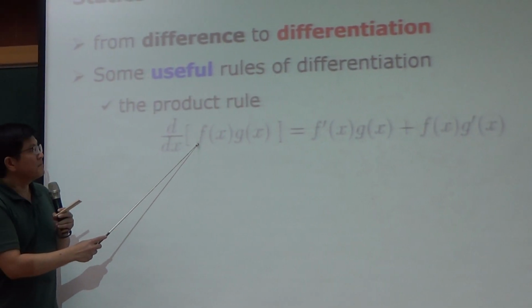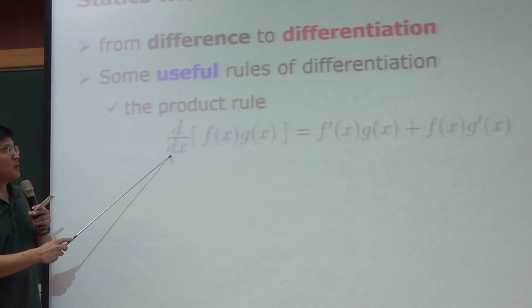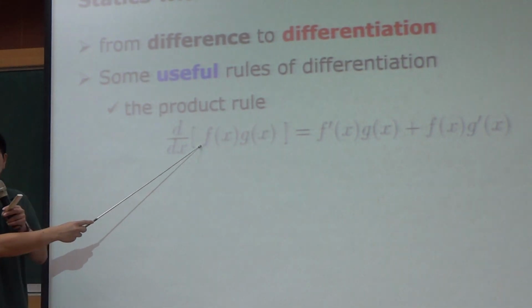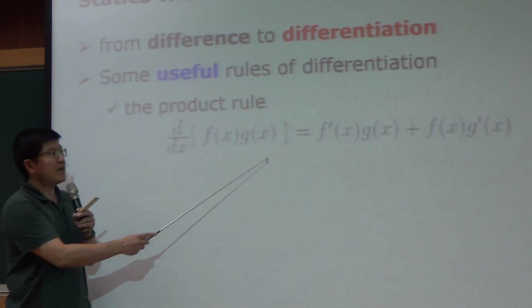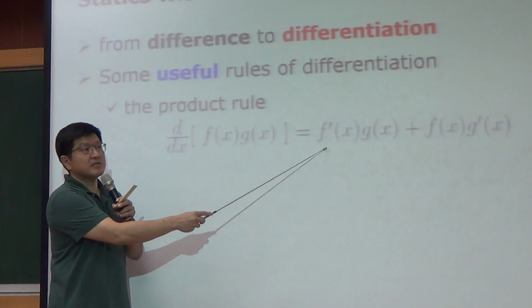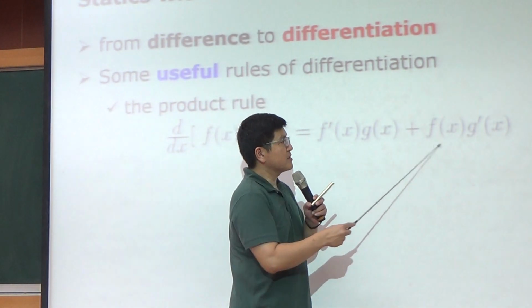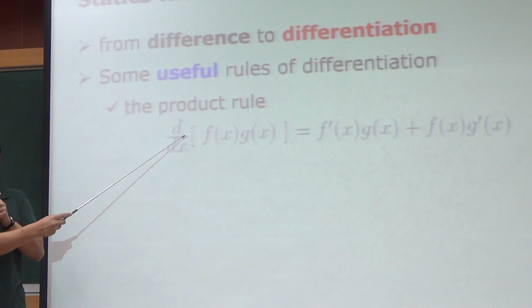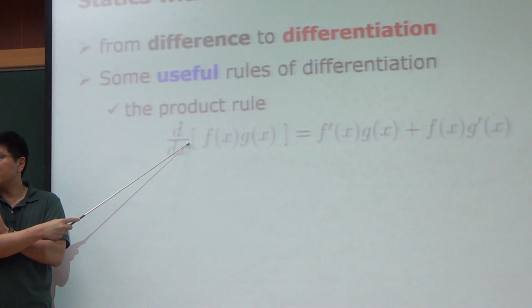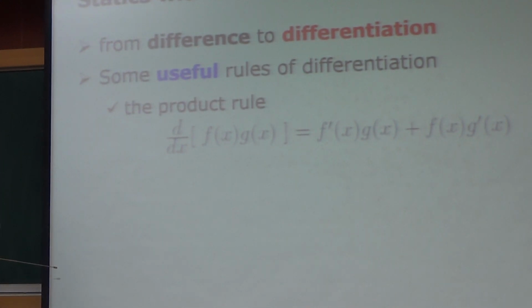So the product of functions f and g, when we want to differentiate the product of these two functions with respect to the variable x, it becomes f prime g: we differentiate the first function first and keep the second constant, plus keep the first constant and differentiate the second one. Have you ever seen this rule? Yes or no? Anyone who hasn't seen this, raise your hand, please.